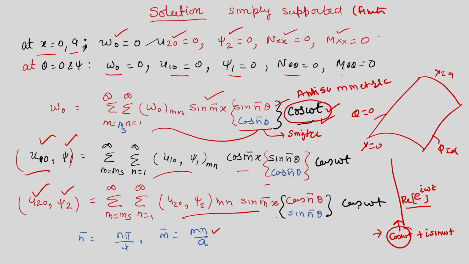So, this is the variation of the variables in the time domain, and along the space domain it satisfies the simply supported boundary conditions.